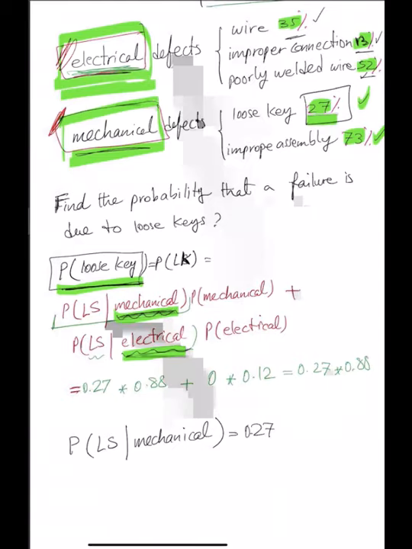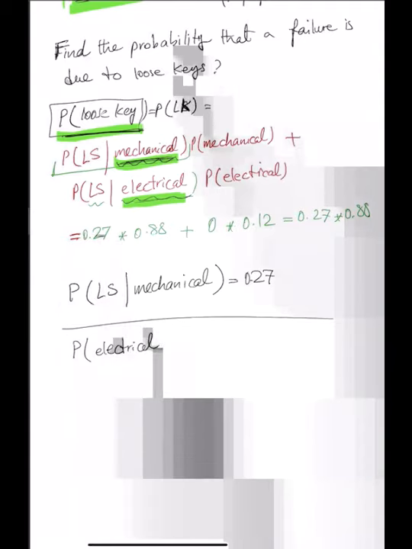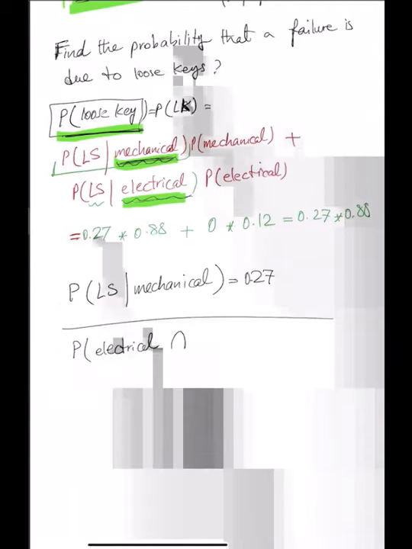I want to know what is the probability that the failure is electrical and related to poorly welded wire.